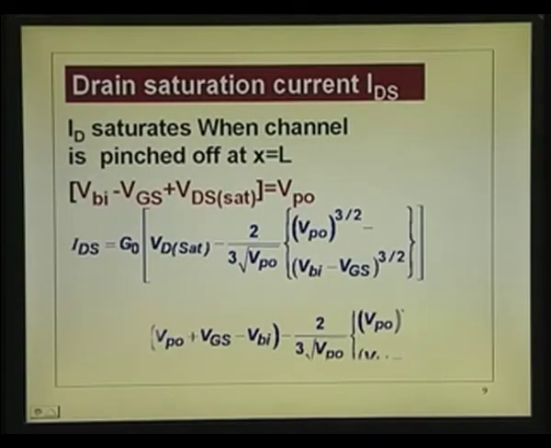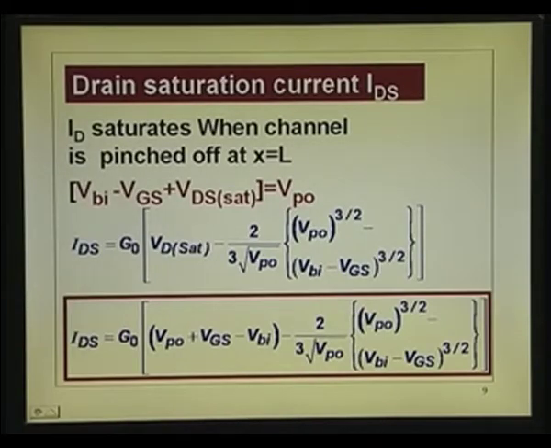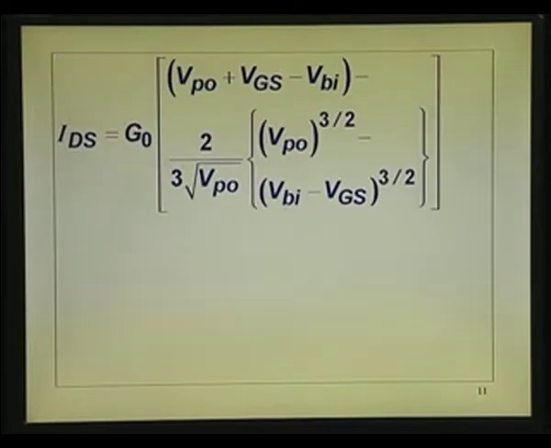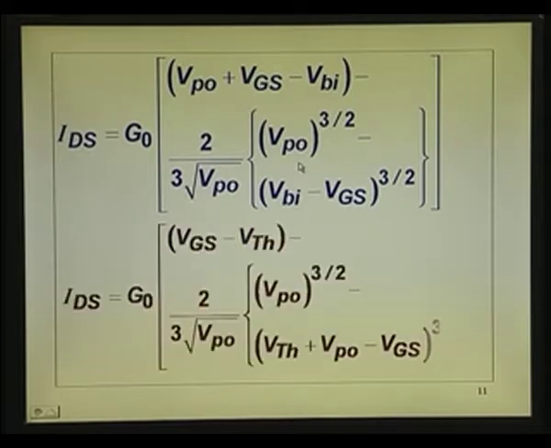Then we are just substituting the same equation, the Vp0 and minus this quantity. All that we have done is substitute in the equation that we have been writing so far that VBI minus Vp0 is V threshold. So, that is what we have written.